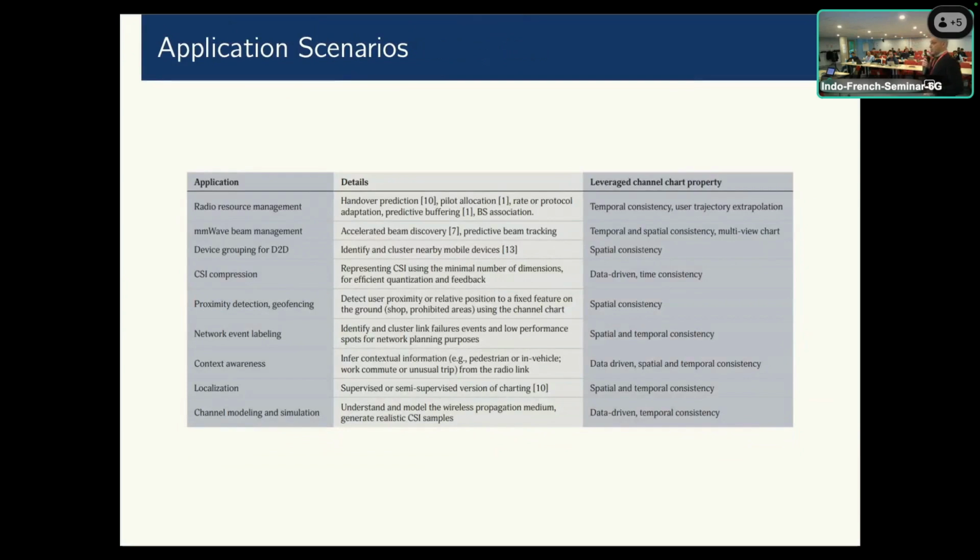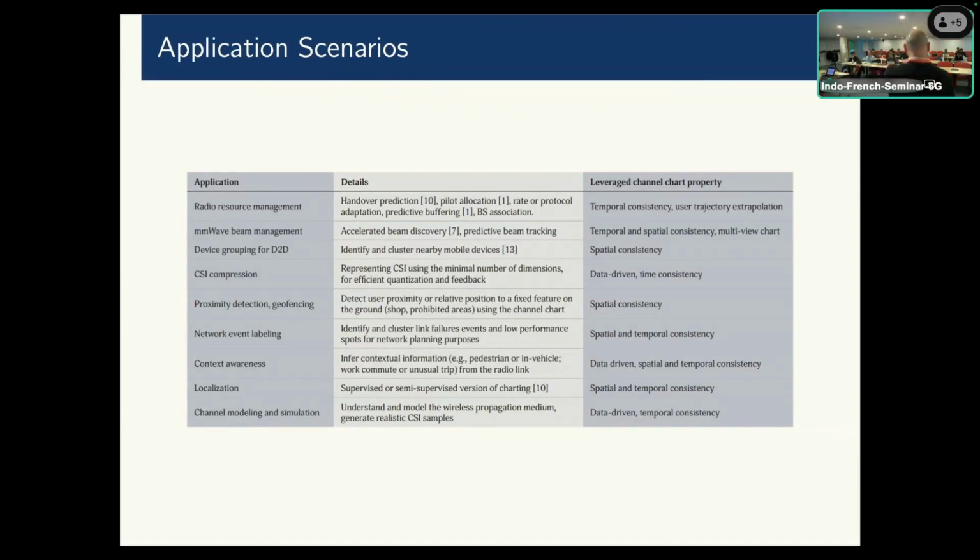And if you think of what can be done with it, first you can use it for radio resource management. Let's say predicting trajectories of users and pre-configuring the network, maybe anticipating the cell handover, these kinds of things. You can use it for millimeter wave beam management.